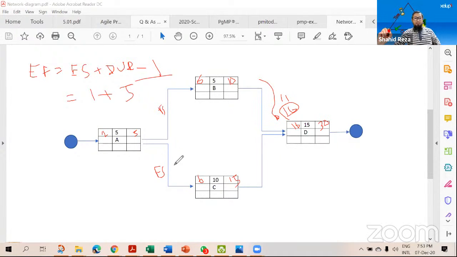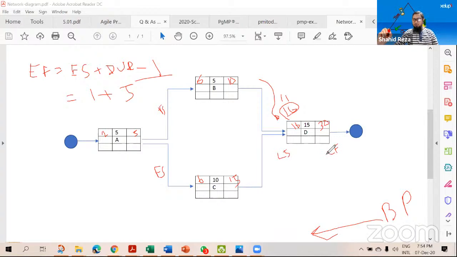So you see, following the forward pass and using this formula, we have calculated the early start and early finish of all the tasks. Now we'll use the backward pass, BP. In the backward pass, we will find out the late start and late finish of all activities.